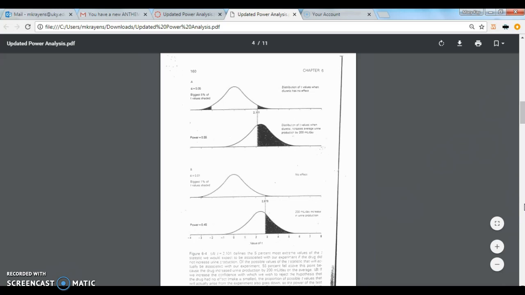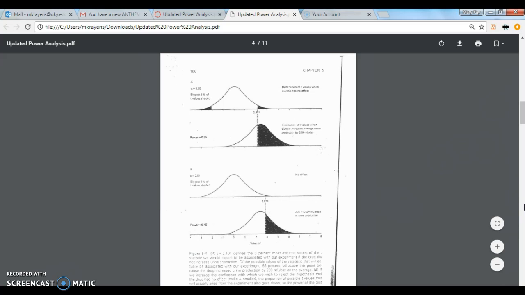So the shaded area in that very top figure is 5% of all the possible t-values within those two tails, so 2.5% in either tail. Now, if the true effect of the diuretic was to increase urine production by 200 mils a day, then we would expect that on average, the patients randomized to get the active drug would have a value 200 mils higher than the other group.